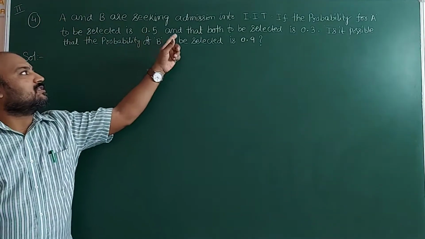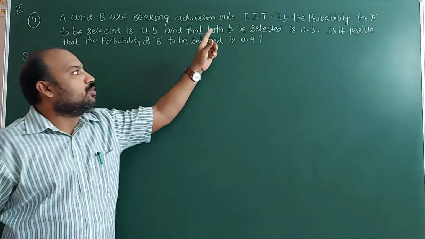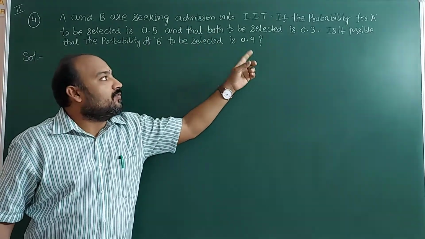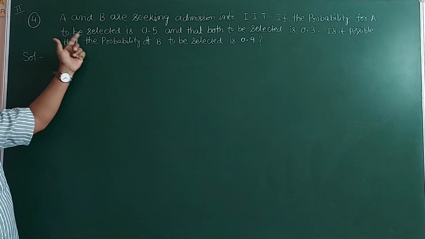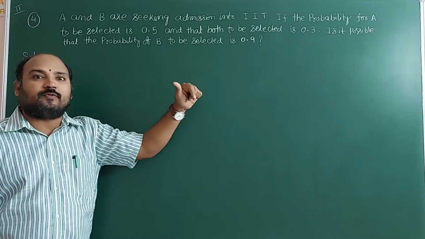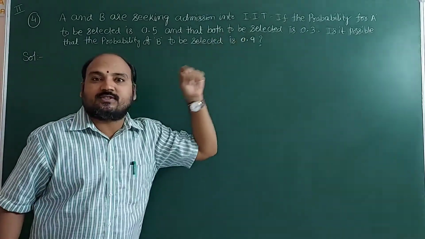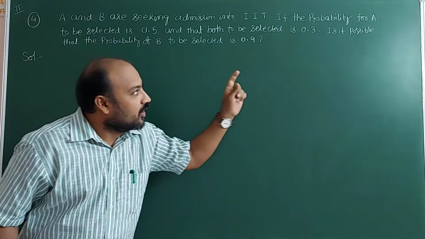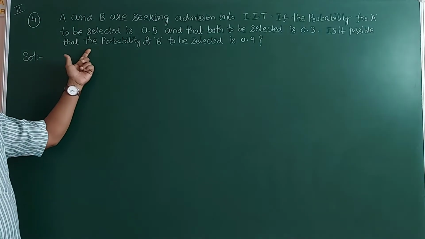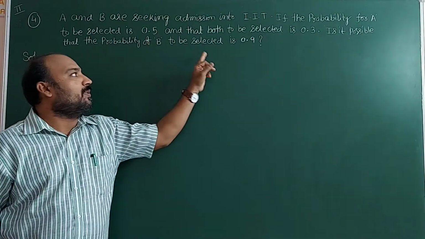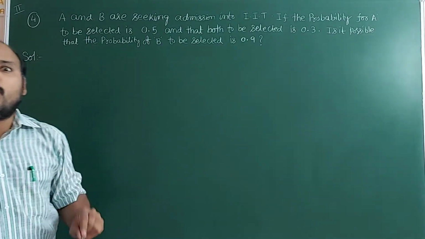A and B are seeking admission into IIT. If the probability for A to be selected is 0.5 and that both to be selected is 0.3, is it possible that the probability of B to be selected is 0.9?